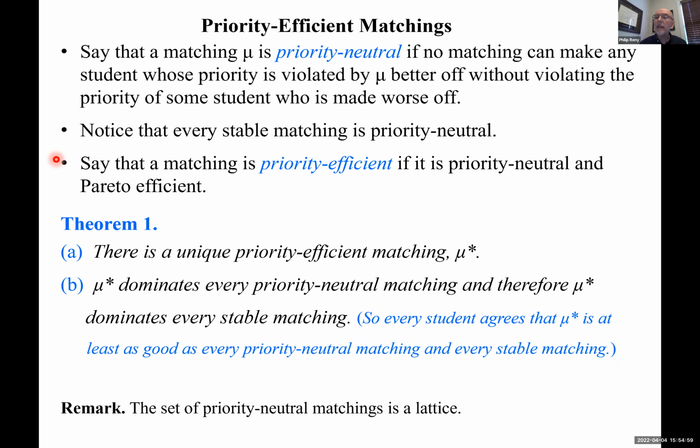This isn't going to pin down a particular Pareto efficient matching. Let me put it differently. Each tie-breaking rule will generate a unique priority efficient matching with respect to that tie-breaking rule within the equivalence classes. And you could then talk about that set. And I don't have a way of choosing among the elements of that set.